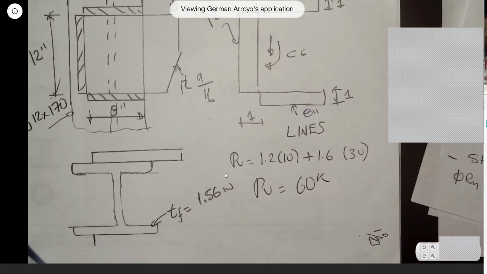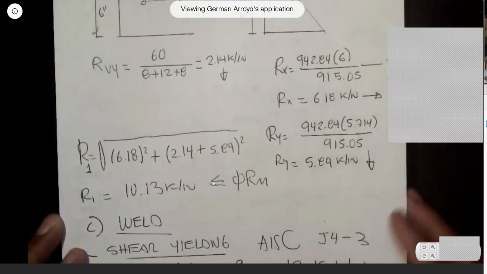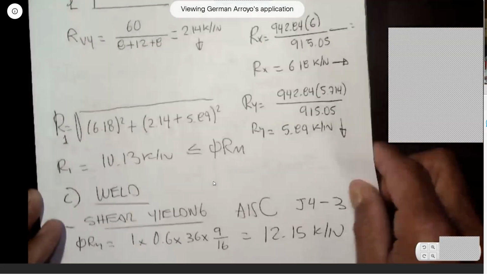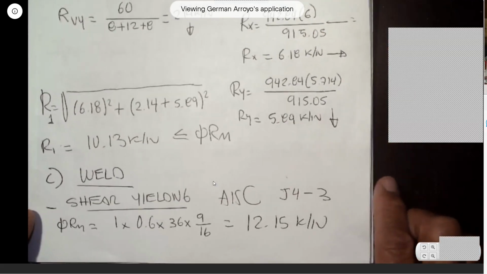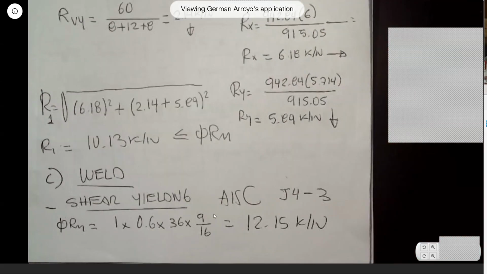So it's obvious that the plate is controlling, what they call the bracket. So I'm doing the shear yielding of the bracket, 0.6 Fy times 9/16, gives me 12.15 kip per inch.